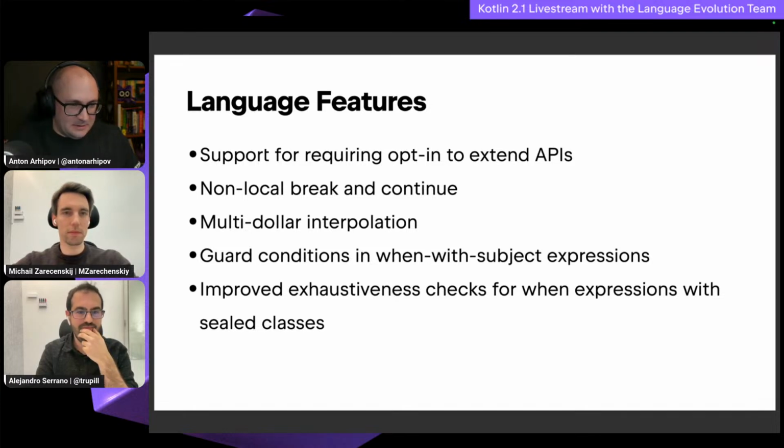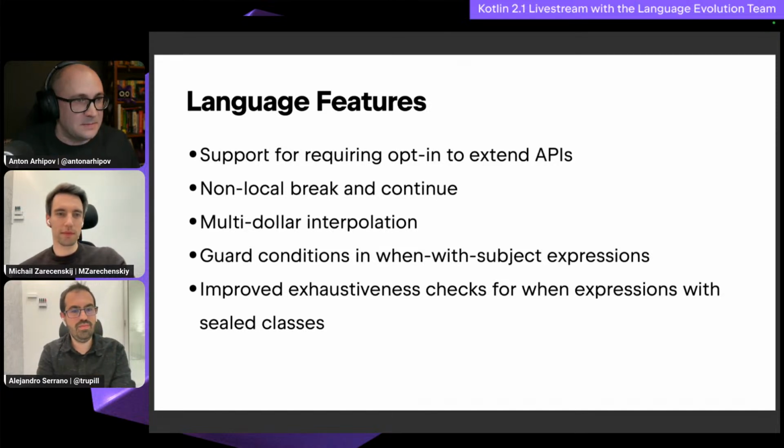And where can we start? We're going to start one by one from the top. The language design team who is with me today, Mikhail and Alejandro, are going to address your questions as well and explain some interesting details about those features.